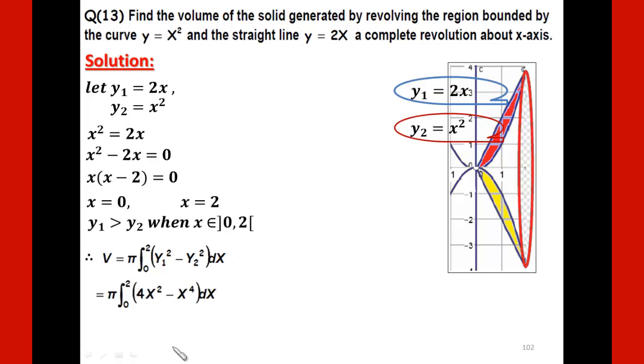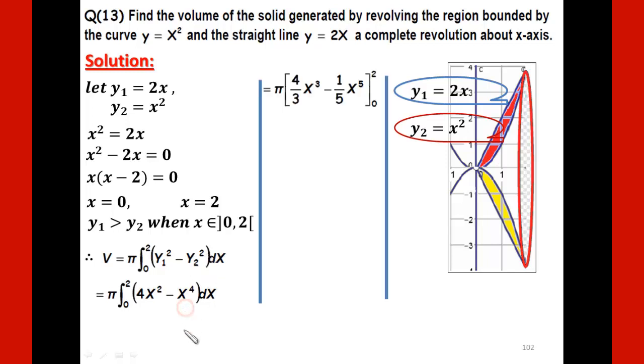And we complete substituting y1 equals 2x and y2 equals x power 2. So y1 power 2 equals 4x square and y2 power 2 equals x power 4.